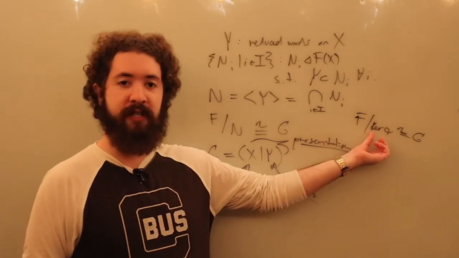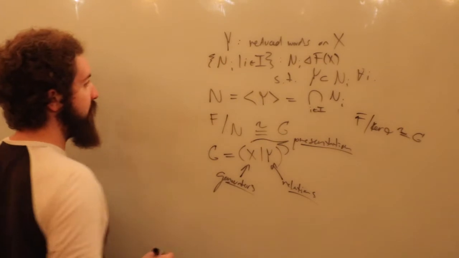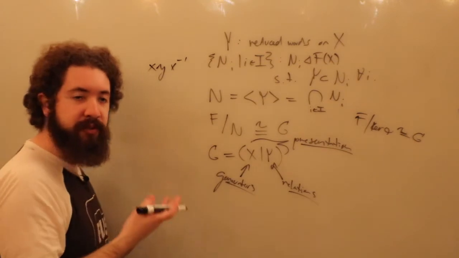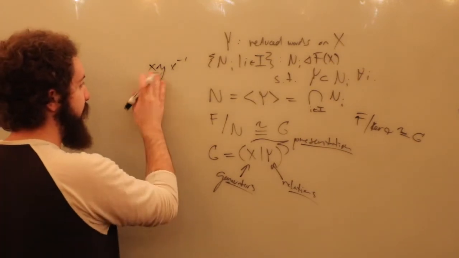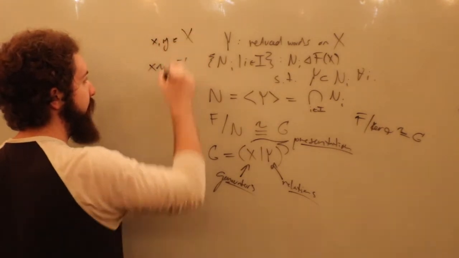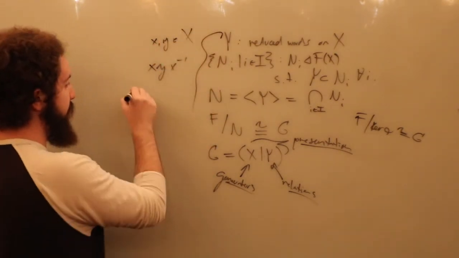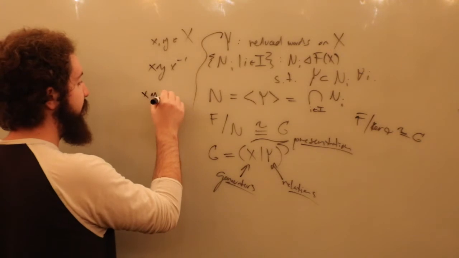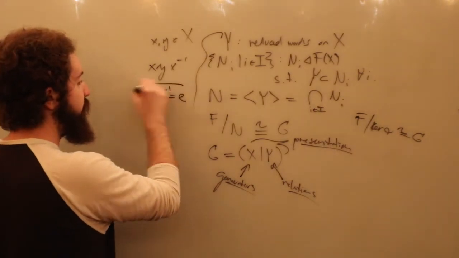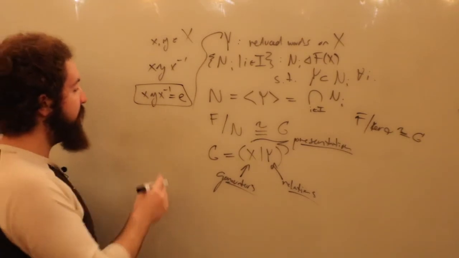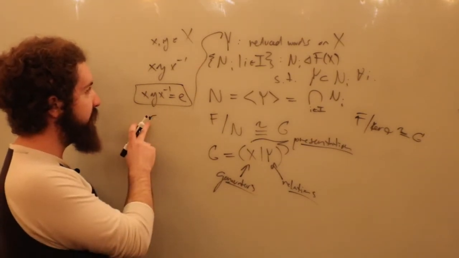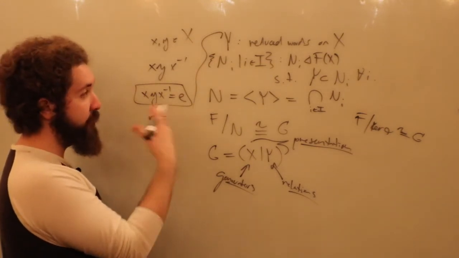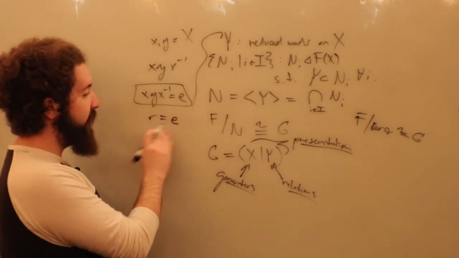Well, because they're in the kernel, they go to the identity, which means these reduced words, say x y x inverse, an example of a reduced word using elements x, y in capital X, get mapped in G to the identity element, which is the same as simply defining this to be true in the group G. So we have a series of relations which we might call R, which are just reduced words on X, and these words are getting mapped to words in G which are equal to the identity element.